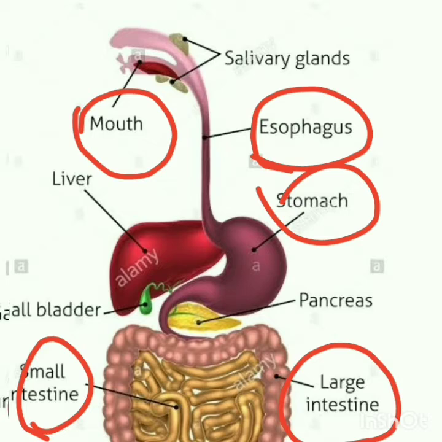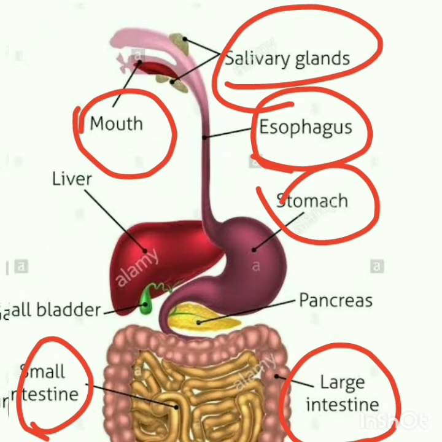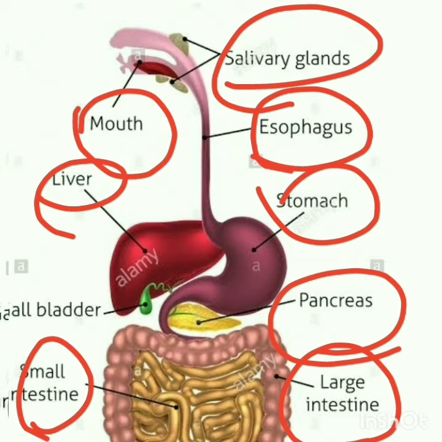It also includes some glands, that is salivary gland, liver, pancreas and gallbladder. So our alimentary canal consists of all these things and it helps in the process of digestion.